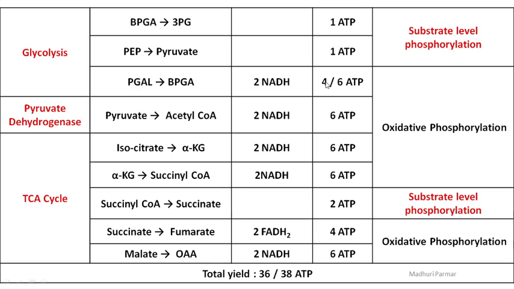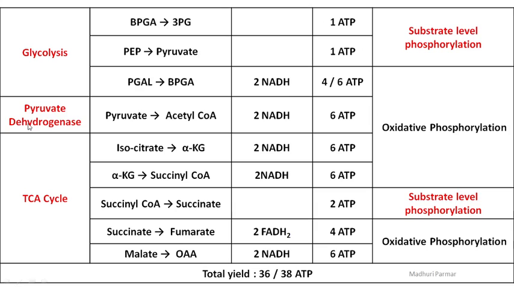And if they use the malate aspartate shuttle, then you will get 6 ATP, which means 3 ATP per molecule of NADH. Clear? Fine. So this sums up glycolysis. You have 1 ATP, 1 plus 4 or plus 6. We shall see. Then you have the link reaction.